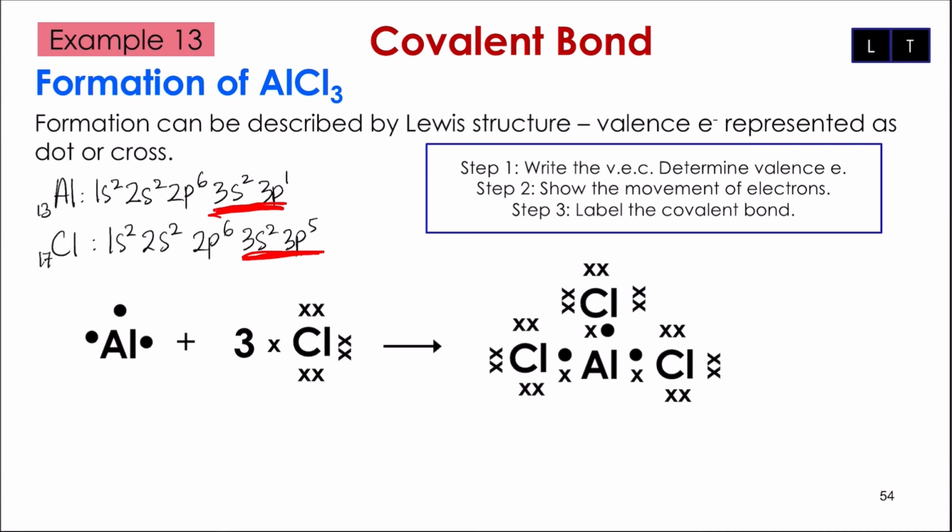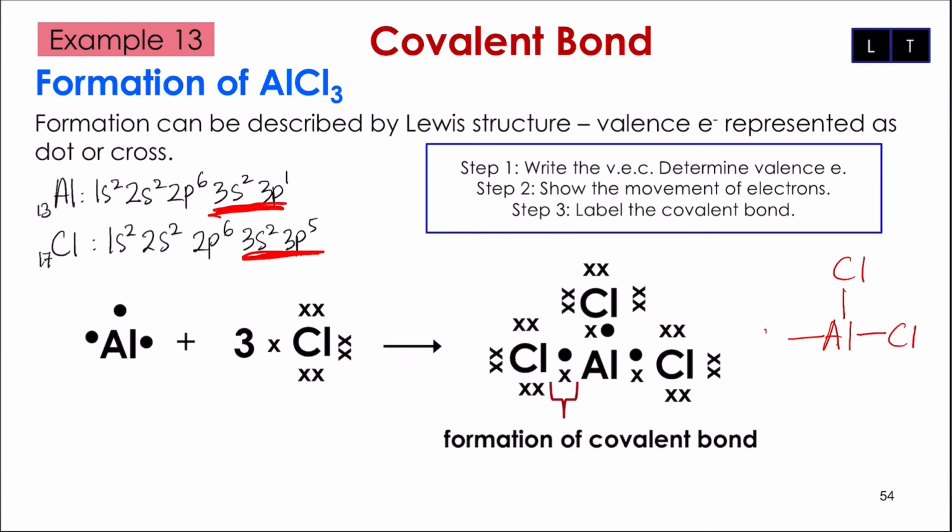So inilah yang saya maksudkan dengan formation of covalent bond, a pair of electron. So maknanya awak nampak ada satu dot dan satu cross berkongsi antara chlorine atom dan aluminium atom. Another way you can also draw the structure as Al with each single bond around it.